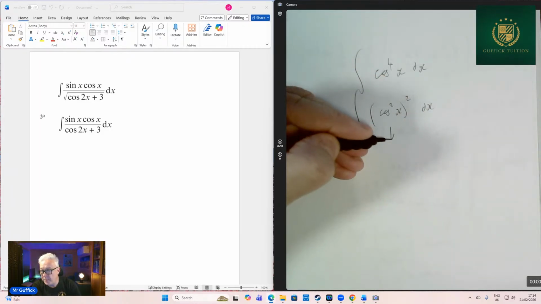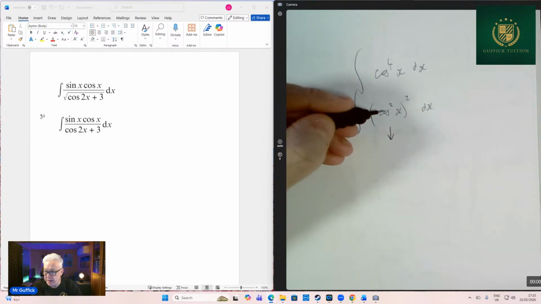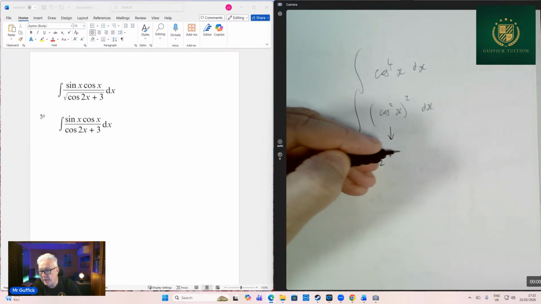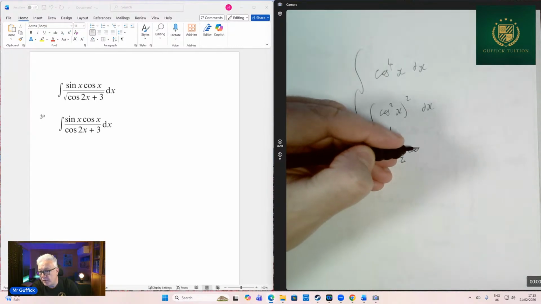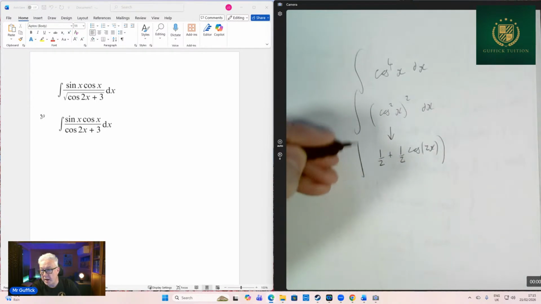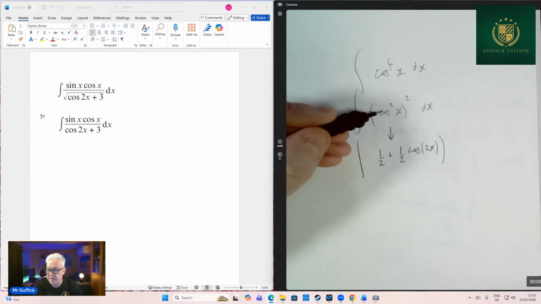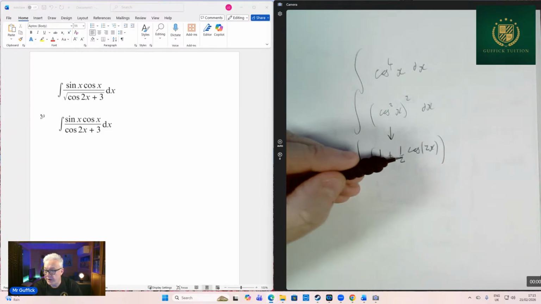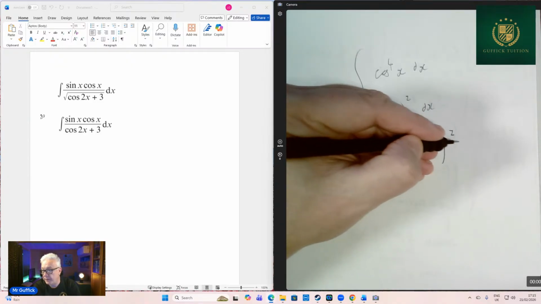If you remember from earlier in this live stream, cos squared can be replaced by a half add a half cos 2x. So you think of it as cos squared squared, and cos squared is a half add a half cos 2x, squared, like that.